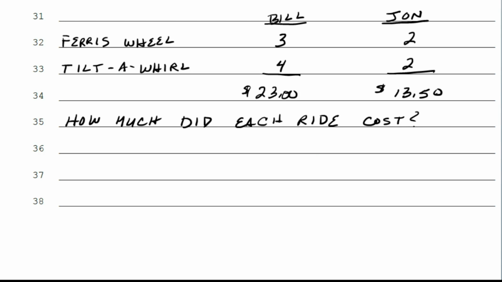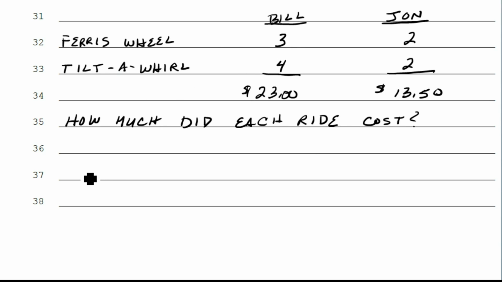Here's one. Bill and John go to an amusement park, and each one of them rode the Ferris wheel and the tilt-a-whirl. Bill rode the Ferris wheel 3 times and the tilt-a-whirl 4 times, and he was charged $23. John rode the Ferris wheel twice and the tilt-a-whirl twice, and he was charged $13.50. How much did each ride cost? You have 2 equations right off the bat.